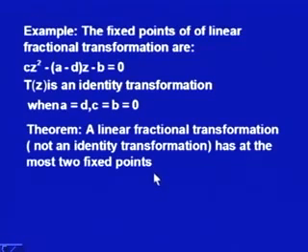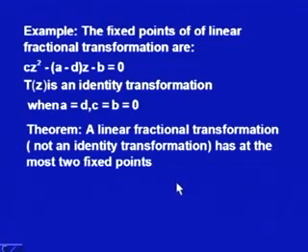One can notice that if this condition is not satisfied, that is, it is not an identity transformation, then the fixed points are given by this quadratic, and this quadratic gives us only 2 points. So if we have more than 2 points, then we say that the mapping is an identity transformation.